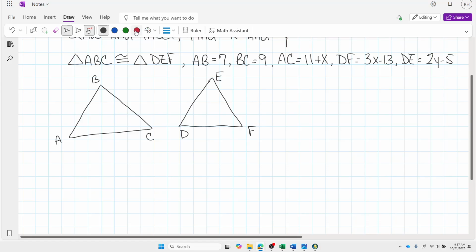The next thing you want to do is use this congruence statement, okay? A is congruent to D, right? They're both first. So A is congruent to D. B and E are congruent. And C and F are congruent. They're located in the same position in their descriptions.